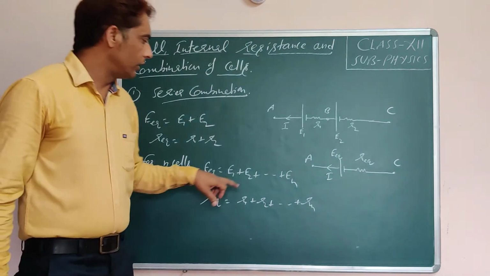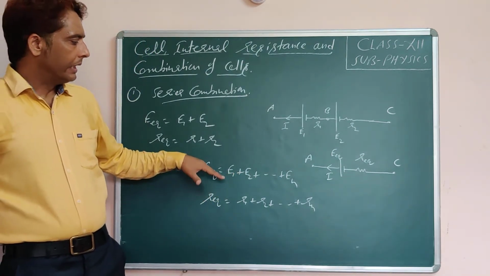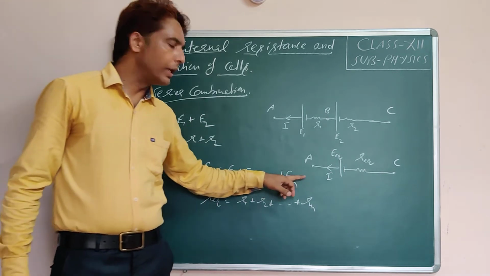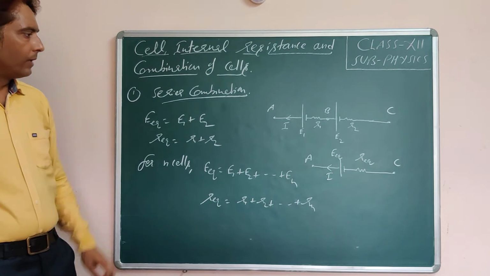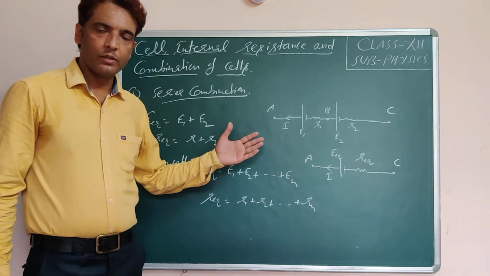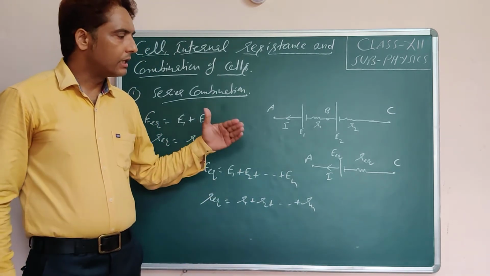If all these cells are of equal EMF, then this will be equal to nE and this is equal to nr. So when we need large voltage, we have to connect these cells in series.